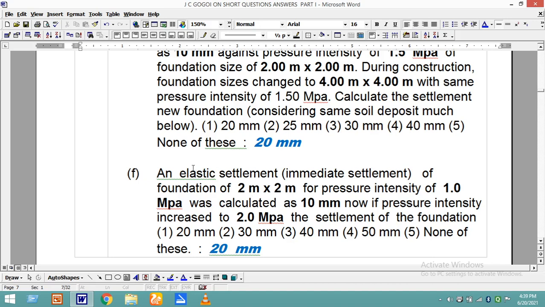You see, elastic settlement can be calculated using elastic modulus only. Since the elastic modulus of that soil is constant and the others are P and B, so here P is increasing. Instead of 1 it is increasing to 2. So ultimately this 10 millimeter shall be 20 mm.